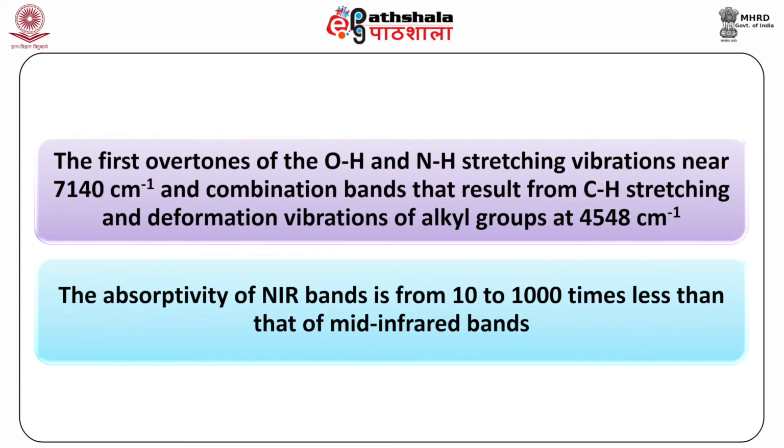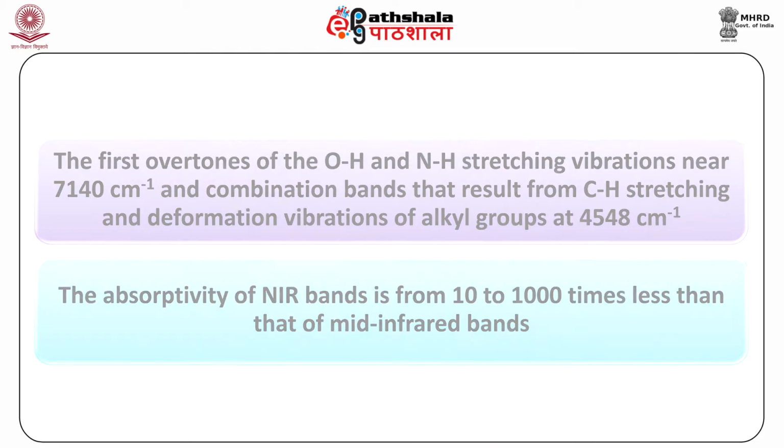Among these are the first overtones of the OH and NH stretching vibrations near 7,140 centimeter inverse and combination bands that result from CH stretching and deformation vibrations of alkyl groups at 4,548 centimeter inverse. The absorptivity of NIR bands is from 10 to 1000 times less than that of mid-infrared bands.